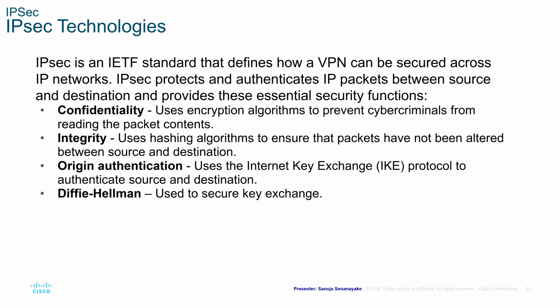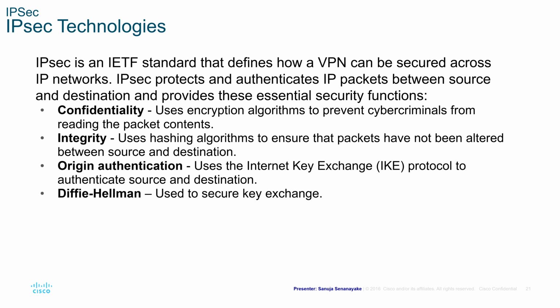IPsec provides confidentiality because it uses encryption algorithms to prevent cyber criminals from reading the packet contents. It provides integrity because it uses hashing algorithms to ensure that the packets have not been altered between the source and destination.